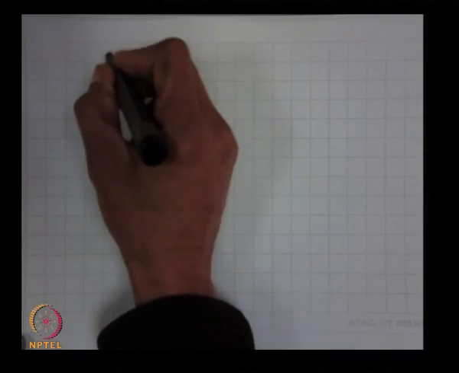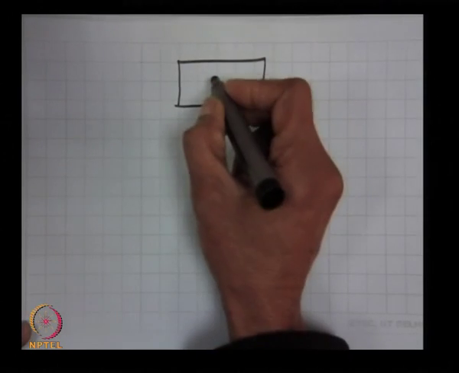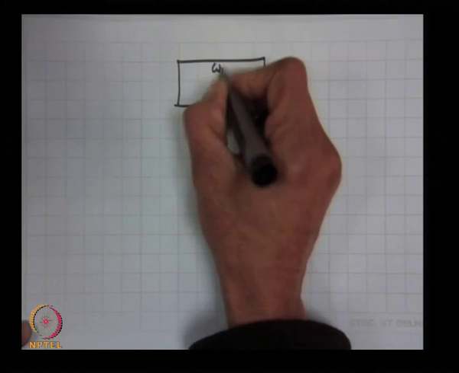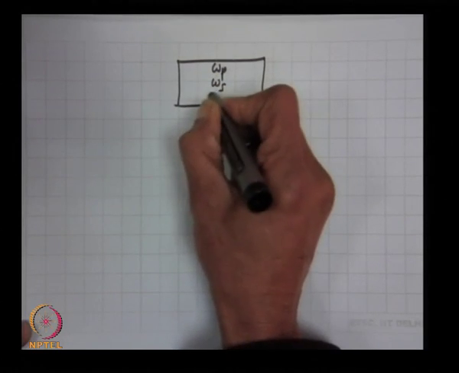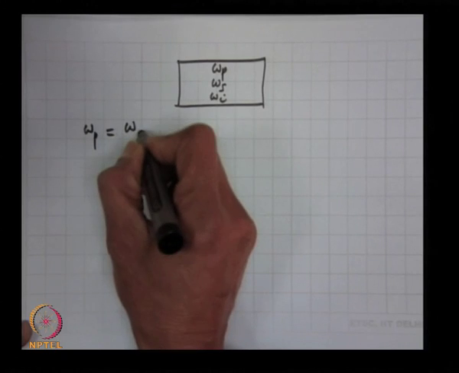Okay, let's continue our discussion on parametric amplification or difference frequency generation. So let me recall. What we have essentially is, inside the medium, I have three frequencies simultaneously, omega p, omega s, and omega i, satisfying the condition omega p is equal to omega s plus omega i.